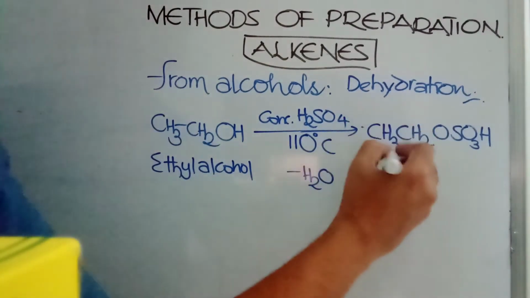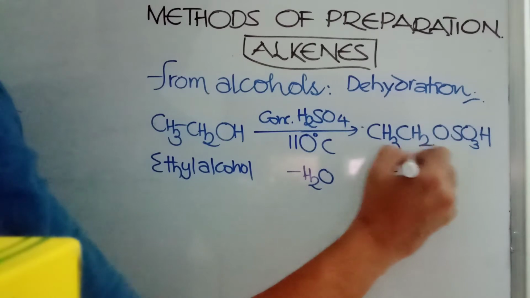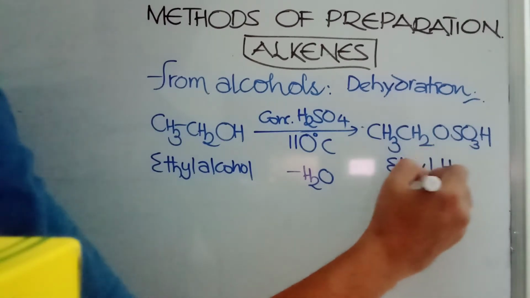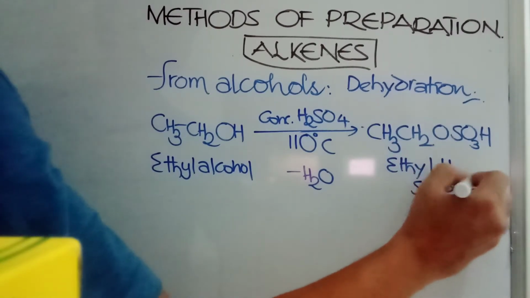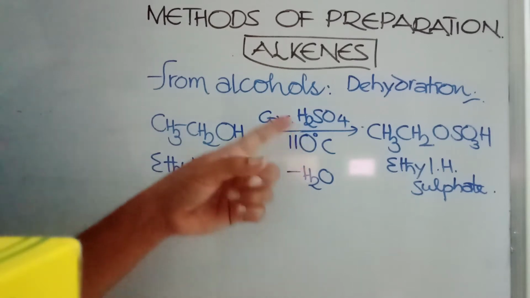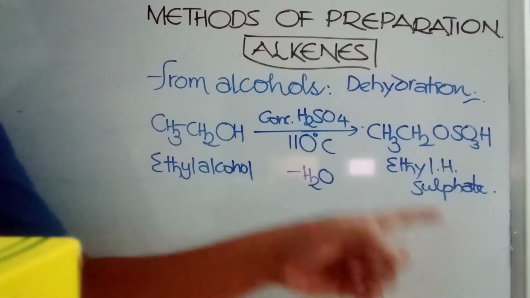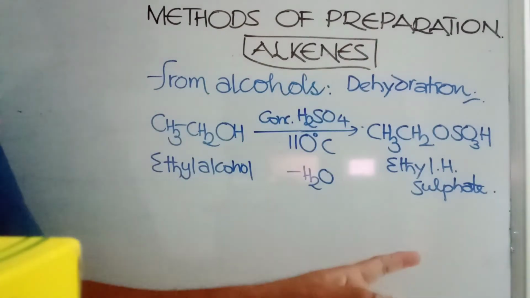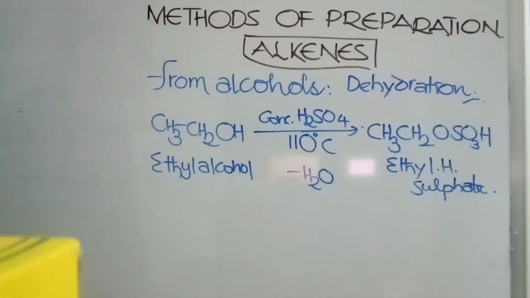This is called ethyl hydrogen sulfate. So for ethyl alcohol with concentrated sulfuric acid: at 170 degrees Celsius, alkene; at 140 degrees Celsius, ether; and at 110 degrees Celsius, ethyl hydrogen sulfate.